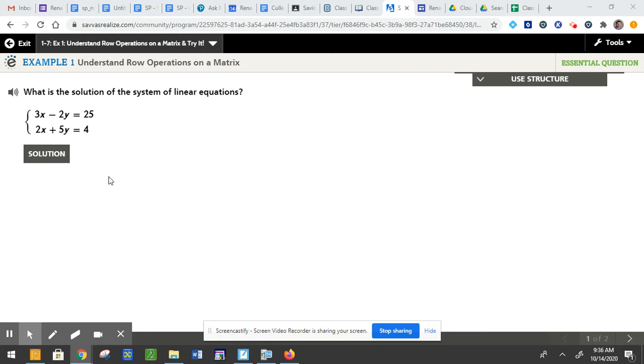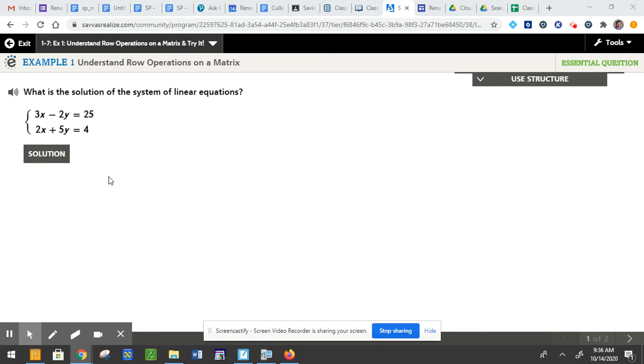It's obviously way more efficient to solve a 2x2 with elimination or substitution. With this one, probably elimination.